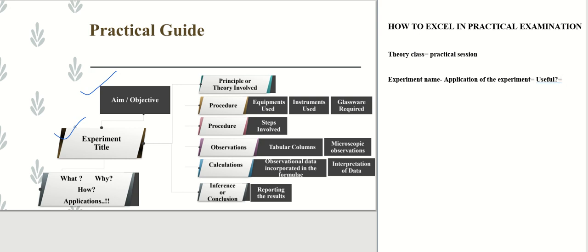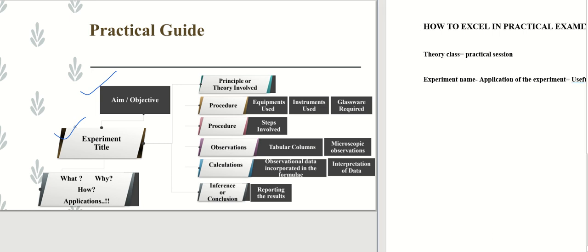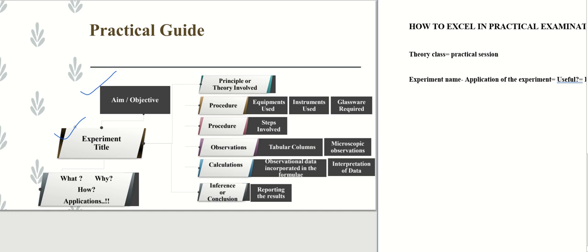In which kind of dosage forms is it useful, in which kind of formulation type is it useful? As the name itself indicates, viscosity, of course, will be useful in liquid dosage formulations. So this is how we need to know the applications of the experiment.